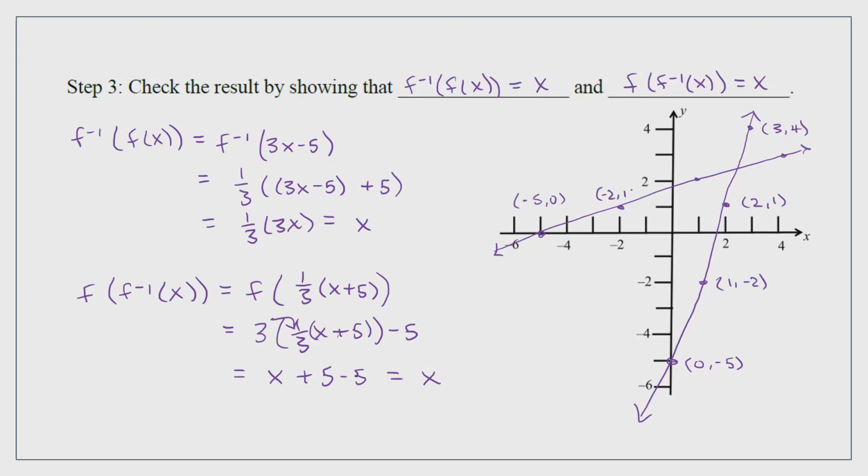Negative 2, 1. 1, 2. And 4, 3. Notice that our lines are reflections of the y equals x line. Awesome.